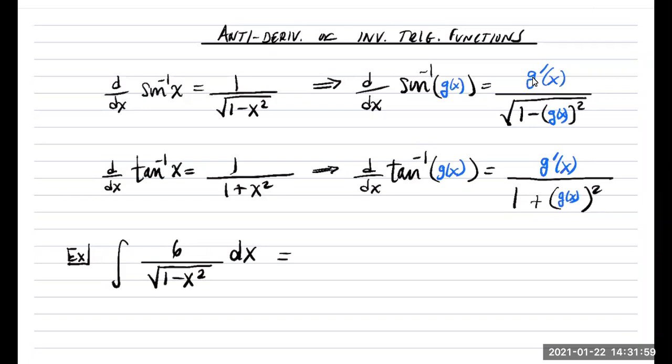So the 6 is a constant, and we can set that aside. And we see right away we're looking at the result, right? The integrand is the derivative of the inverse sine function, okay?